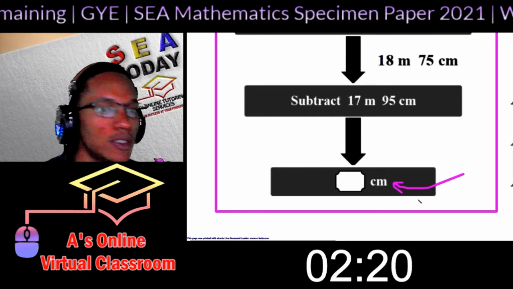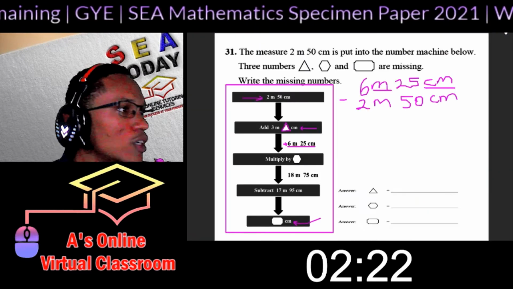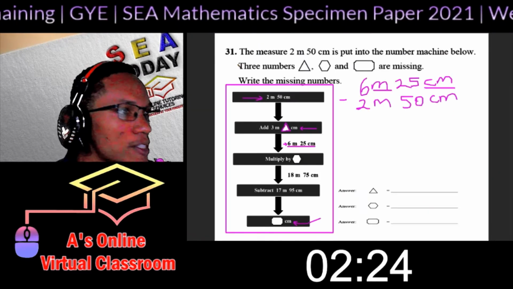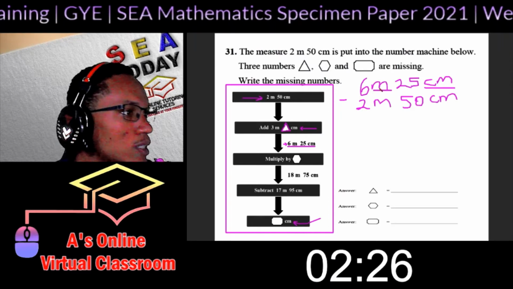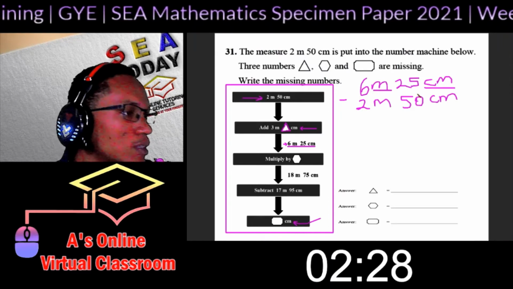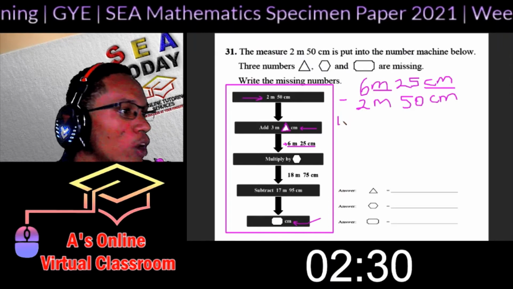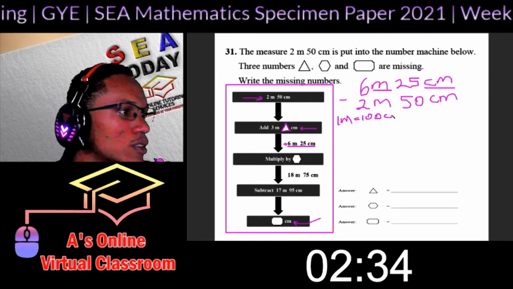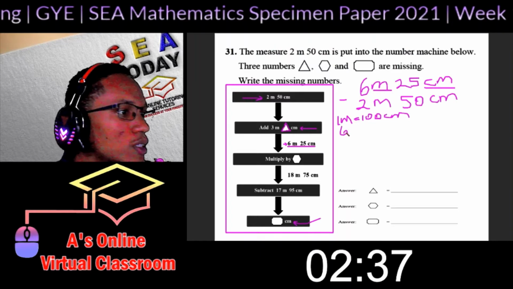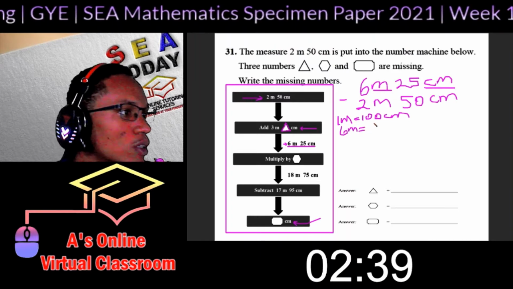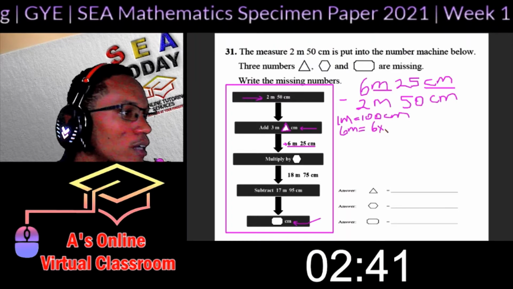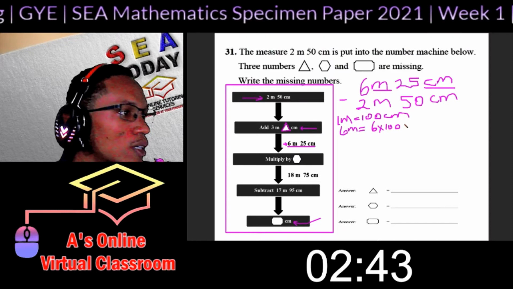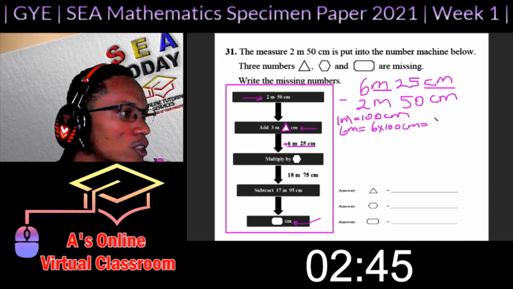So we're looking at centimeters. So let's convert everything to centimeters. So 6 meters to centimeters. 1 meter equals 100 centimeters. So therefore 6 meters will be equal to 6 times 100 centimeters, which is 600.